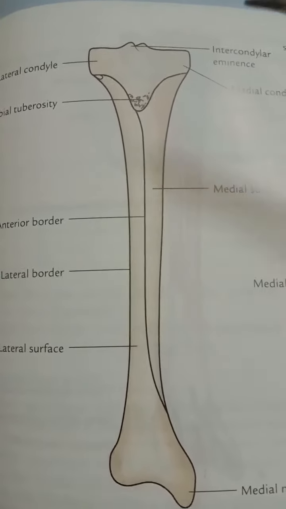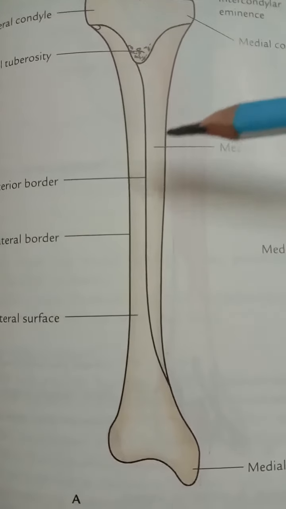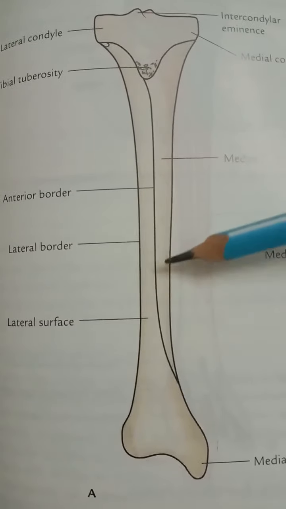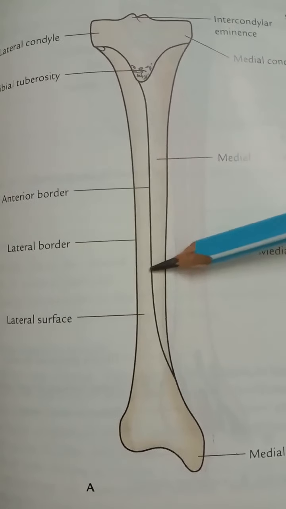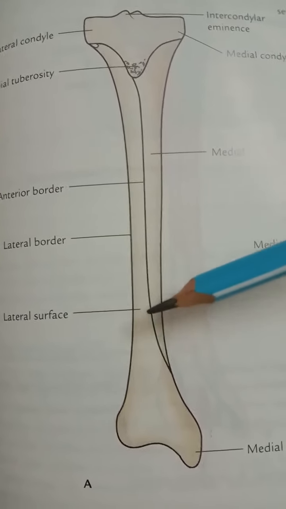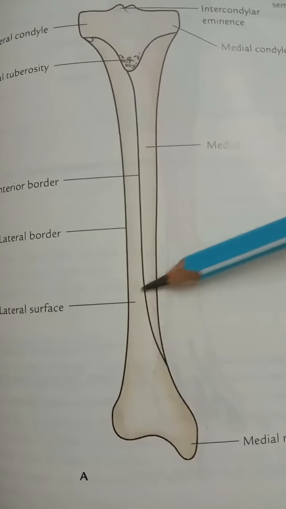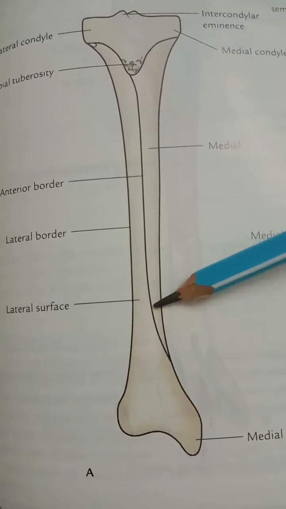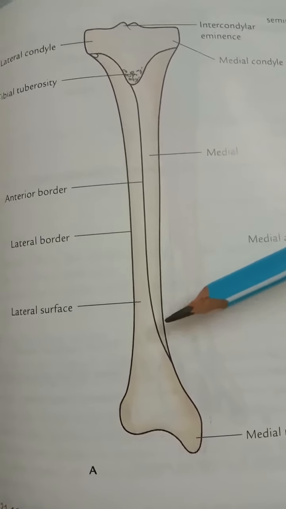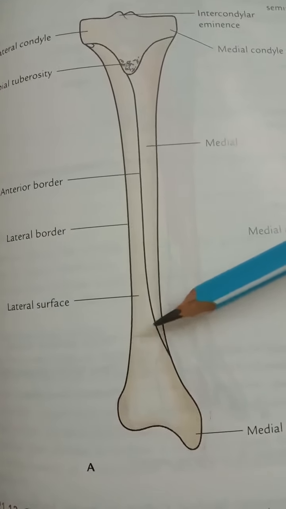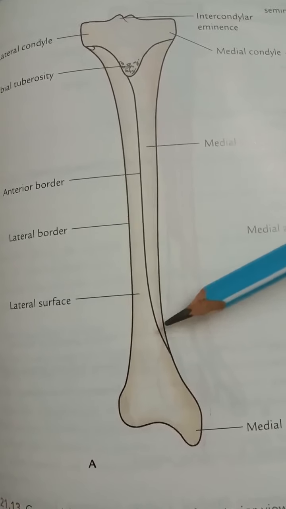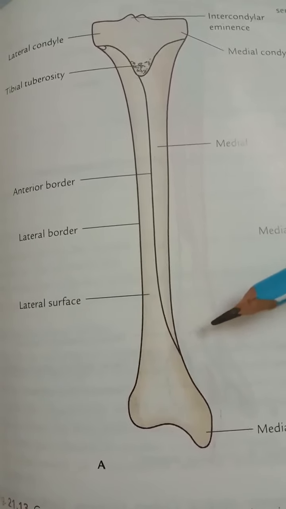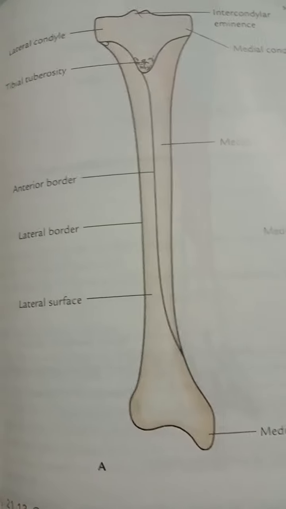Then the second clinical point: the common fracture of the tibia occurs at the junction of the upper 2/3 and the lower 1/3 of the shaft, near about this area, and such a fracture may unite slowly or may not unite at all, as the blood supply to this part of the bone is very poor, and this may be caused by tearing of the nutrient artery.